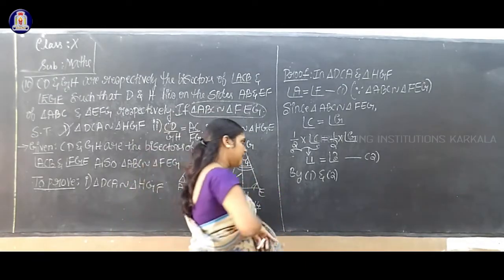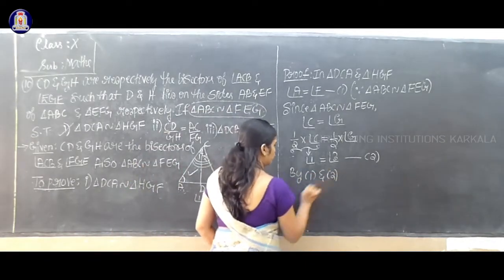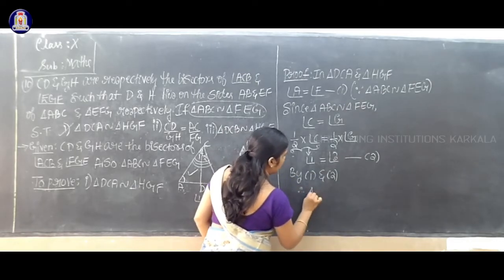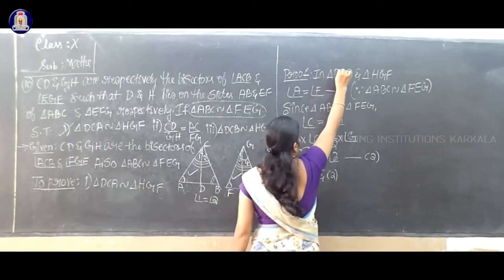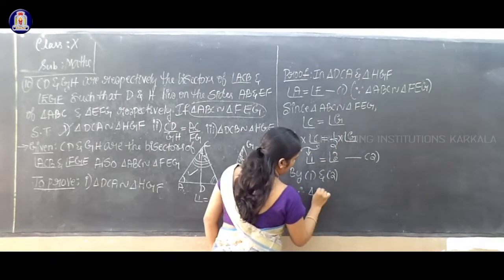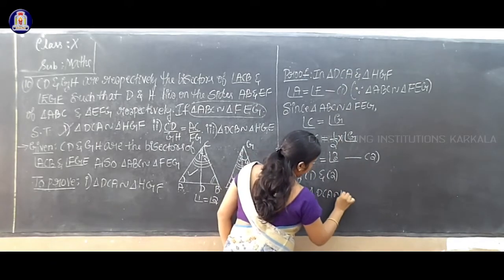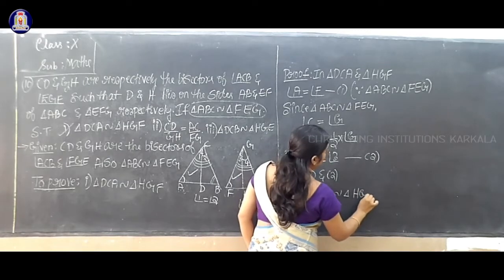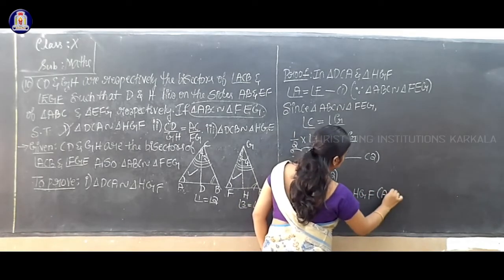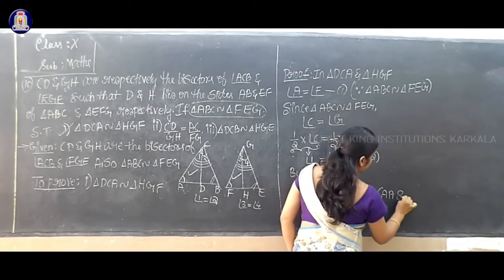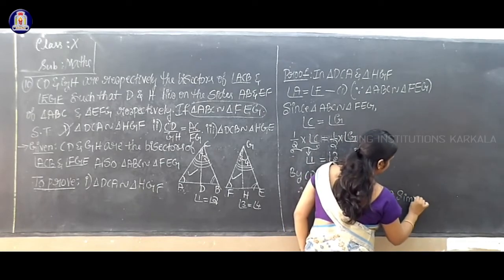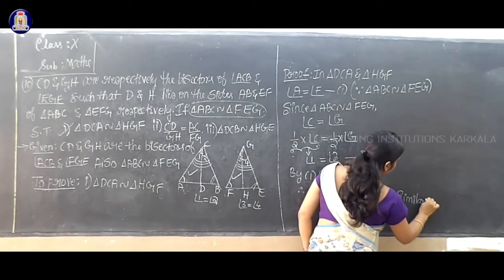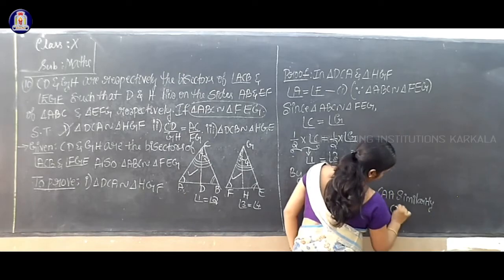Again by equation 1 and 2 we can see that triangle DCA is similar to triangle HGF. What is the reason? Reason same, AA similarity criteria.